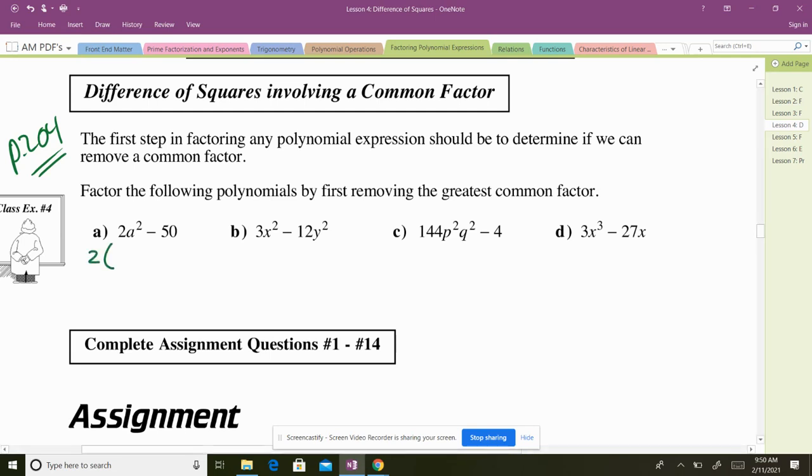What am I left with in the brackets if I take out a common factor? a squared and 25. Thank you. Whoever said 25.